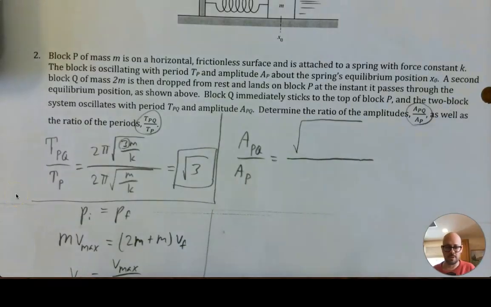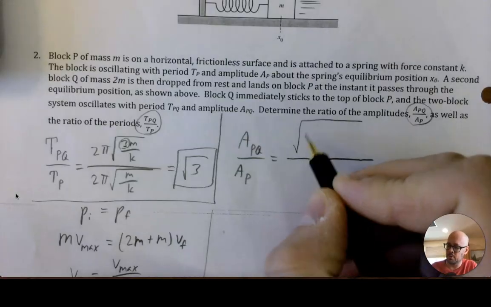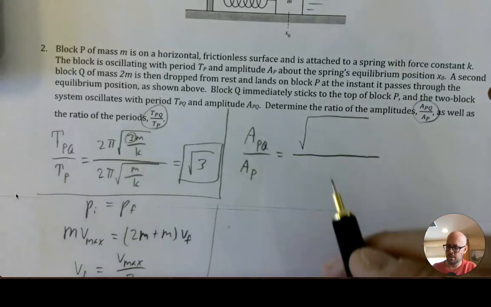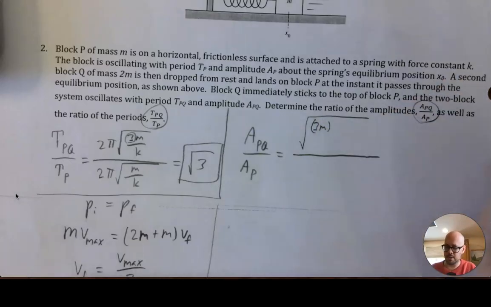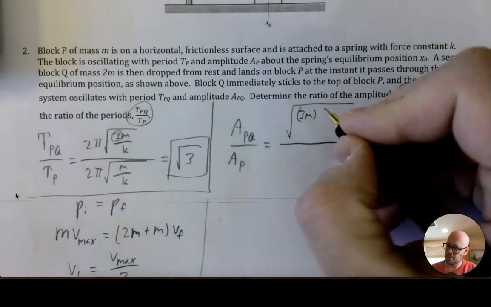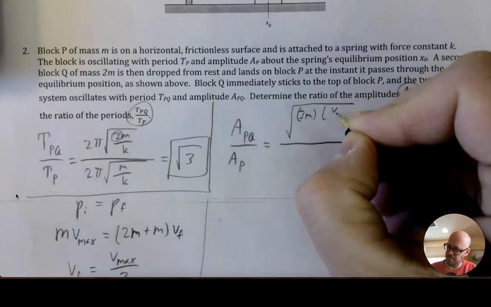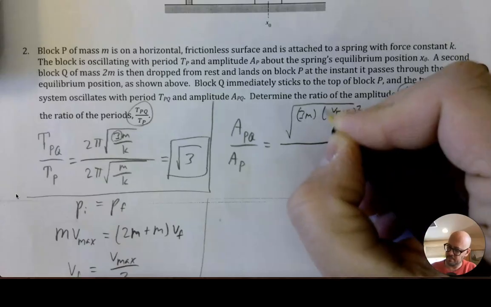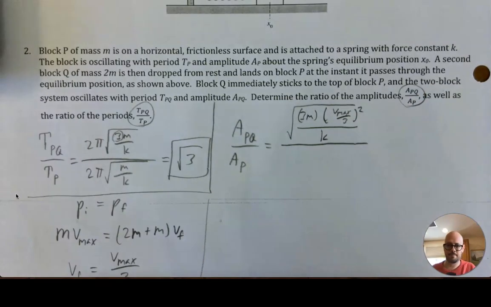Sorry about the blip. I just realized I did the next part of the problem wrong in my rehearsal notes. So the amplitude of the two-block system, their total mass is 3m, times the maximum velocity that they have, which is Vmax over 3, all over k, under the square root.